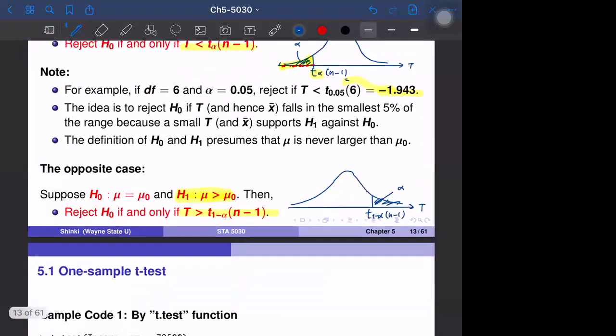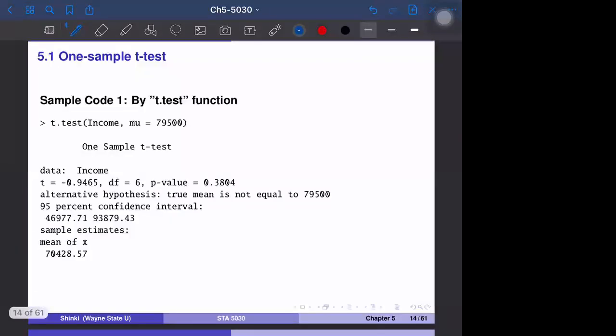Next, we discuss how to implement this t-test in our language. We mentioned it a little bit in chapter 1, but we have a t.test function. Income is the vector of 7 mass PhD salaries, and this is the null hypothesis.